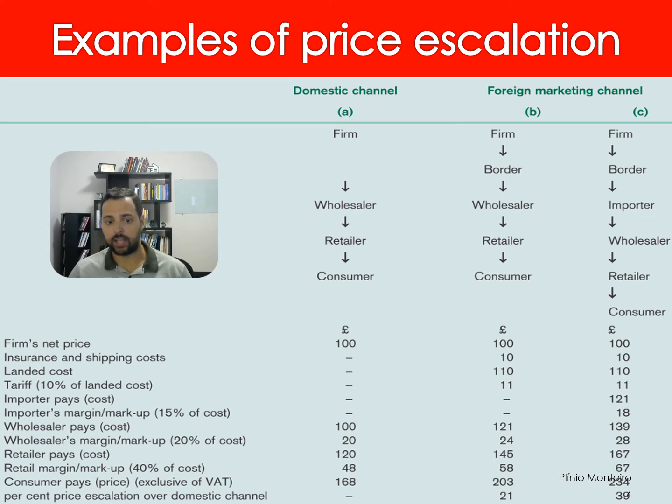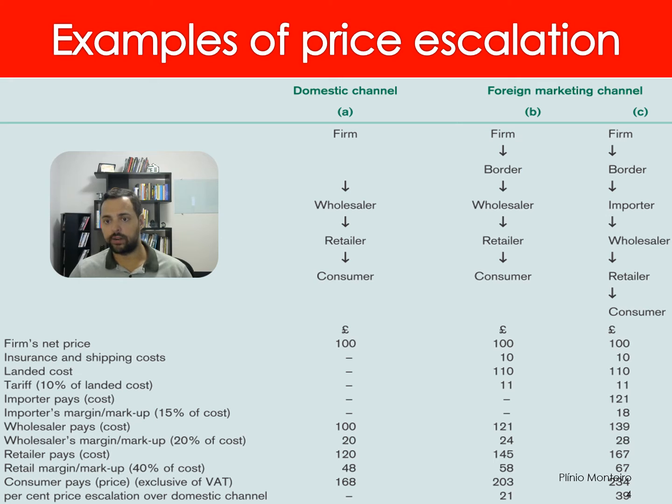Then the price for the wholesaler will be 121. If you apply the same markup as in the home country, the price for the final customer will be 203. Compared to the domestic market, that is a 21% increase.